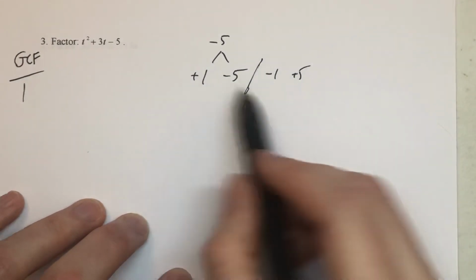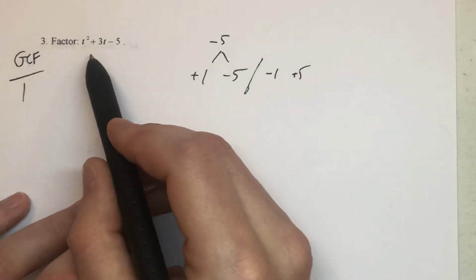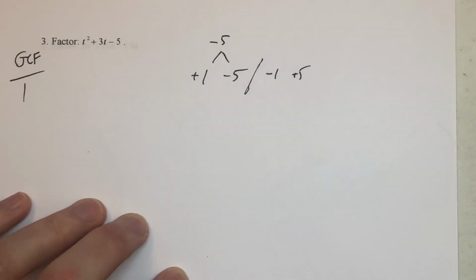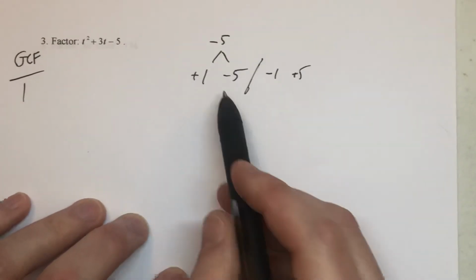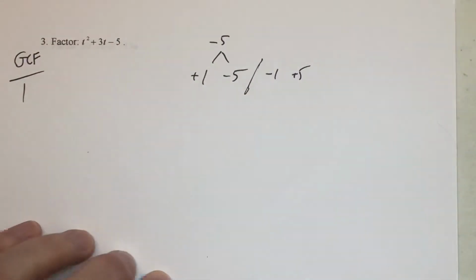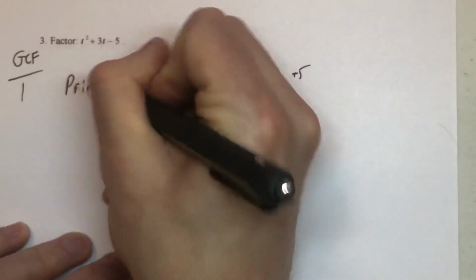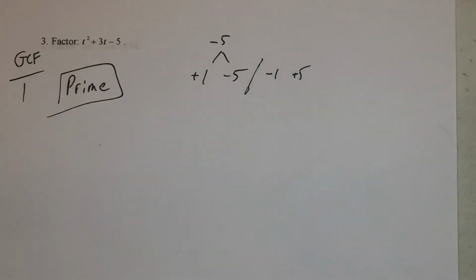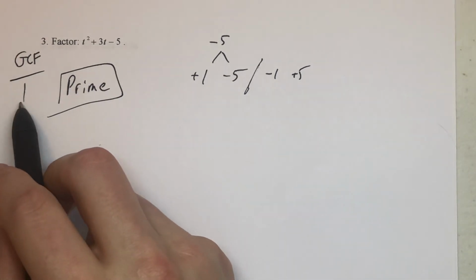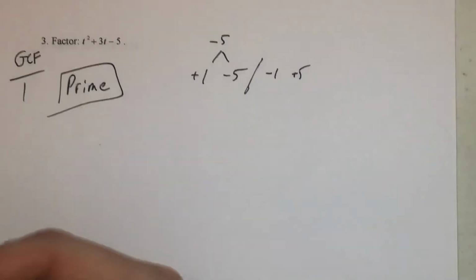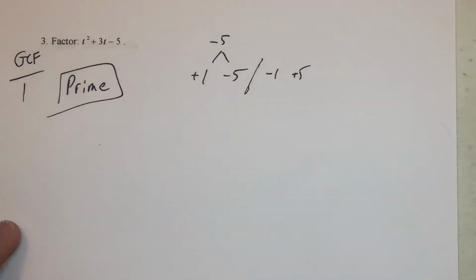However, do either of those add to positive 3? No, they don't. These are our only options. If we're going to use the number game, it's got to follow the rules, and there aren't any that follow the rules. So, as it said on the previous page, if that's the scenario, then that polynomial is prime. We weren't able to factor out anything with a GCF, and the number game didn't work for us. So, this would be a prime polynomial.